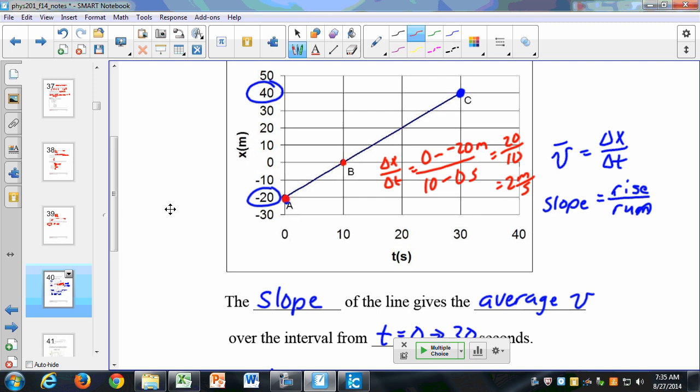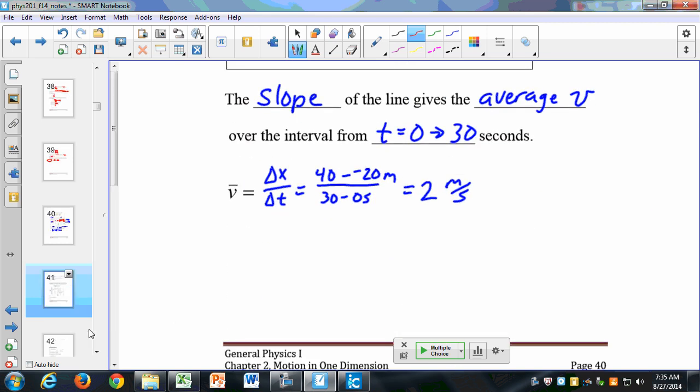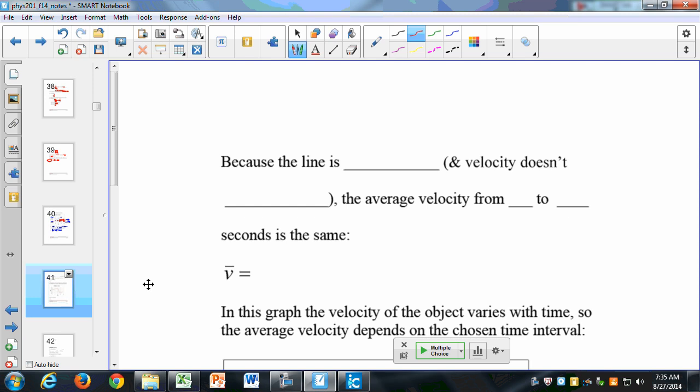But that should be obvious, too, because the slope is unchanging, so it doesn't matter what interval you take, the slope will be the same. Is that obvious? Yeah? Okay, good. Because the line is straight and the velocity doesn't change, the average velocity from 0 to 10, which I just showed you, is the same, and that average velocity was 2 meters per second.